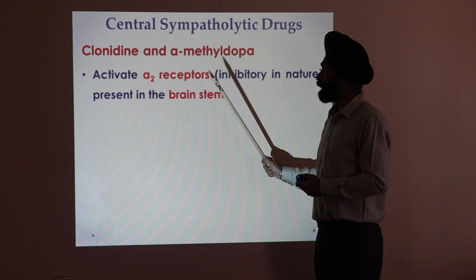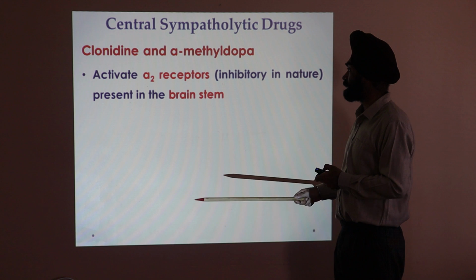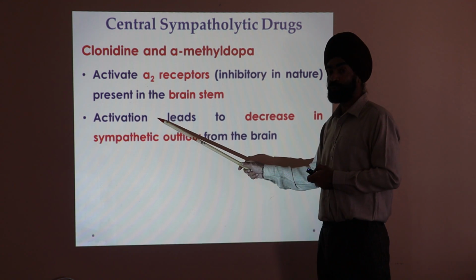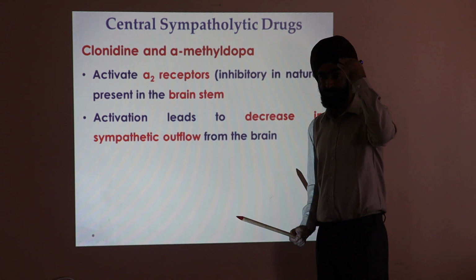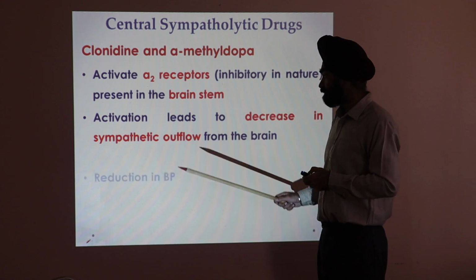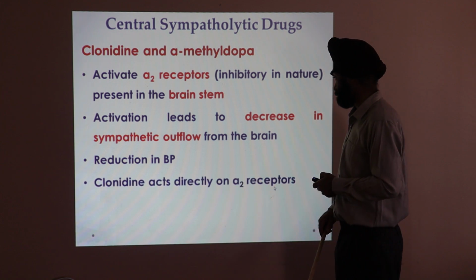As I told, alpha-2 receptors are inhibitory in nature. If you activate these receptors, inhibition is produced. So activation leads to a decrease in the sympathetic outflow from the brain to the periphery. If sympathetic flow is reduced, obviously the BP will be reduced.